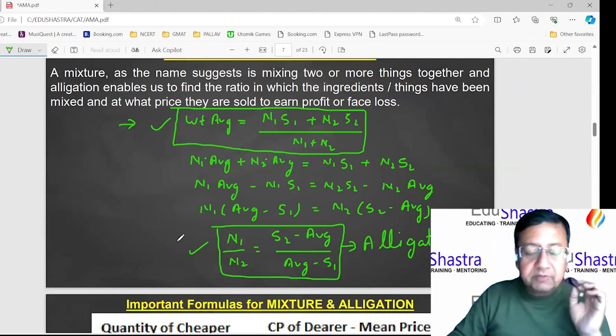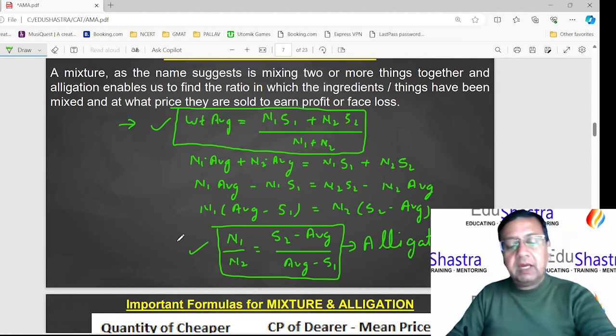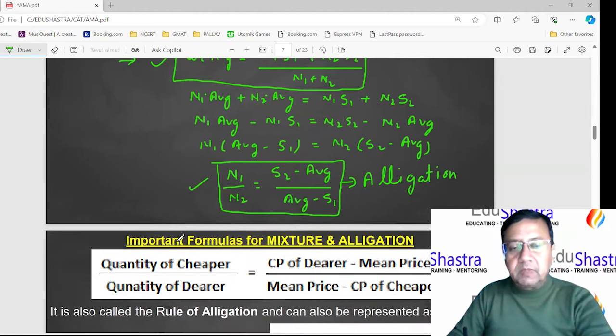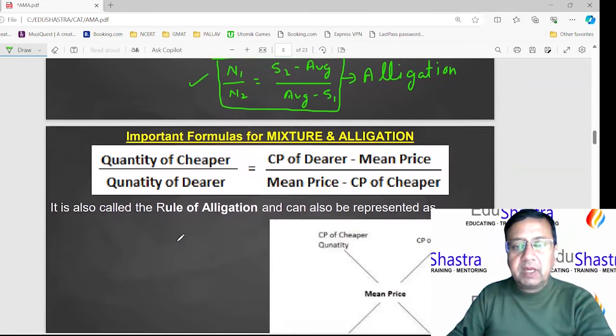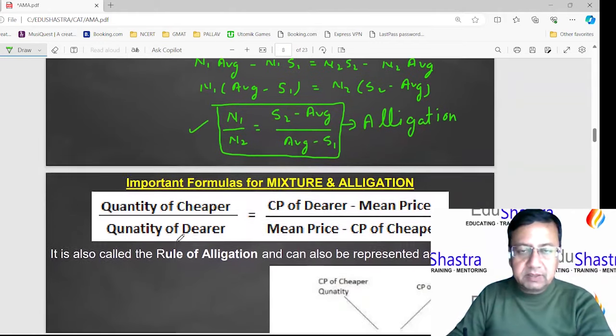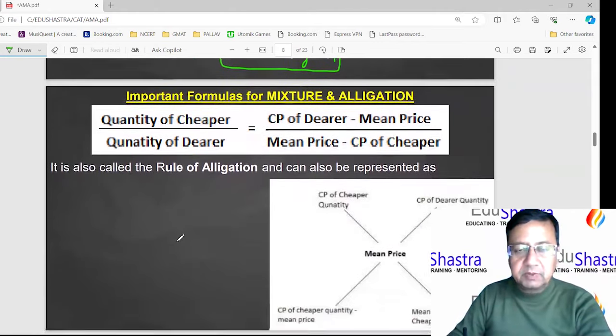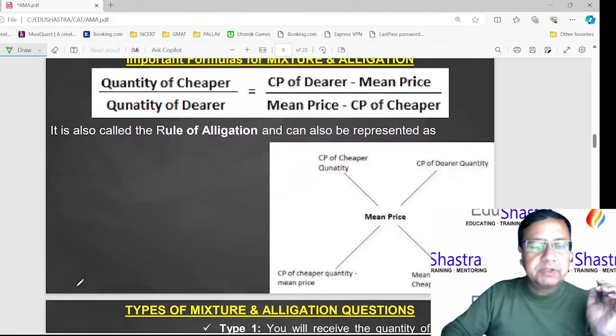When we are identifying the different numbers of the components, then we are calling this an allegation, right? Now, this formula looks like this, right? So you can also express this formula. I will start with some simple question, some easy part, so that you can understand the application.